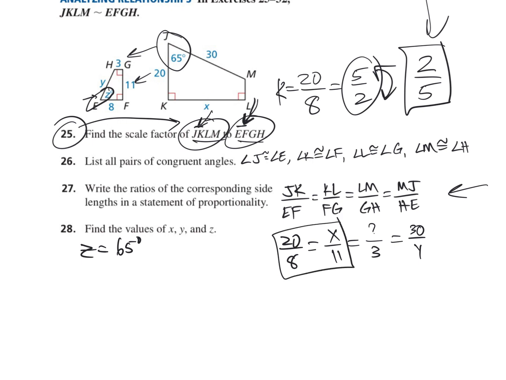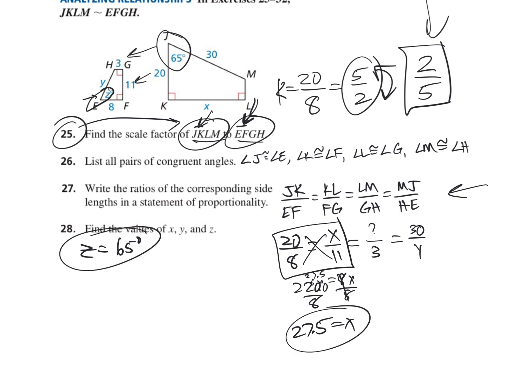Let's use this proportion to get X, and we get 20 times 11 is 220, and that's 8x, so we divide by 8. 8 goes into 22, 2 times, that's 16 with a remainder of 6, and it goes into 60 7 times with a remainder of 4, so this is 0, put the 4 in front of that. 8 goes into 40 5 times, so 27.5. You could use your calculator, it's okay. Okay, that's X. So we have Z, we have X.